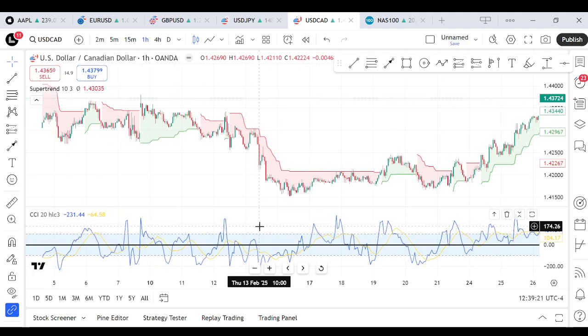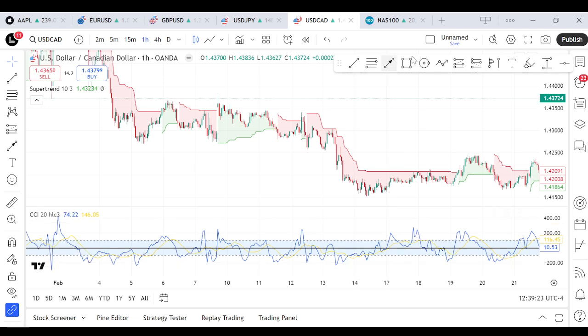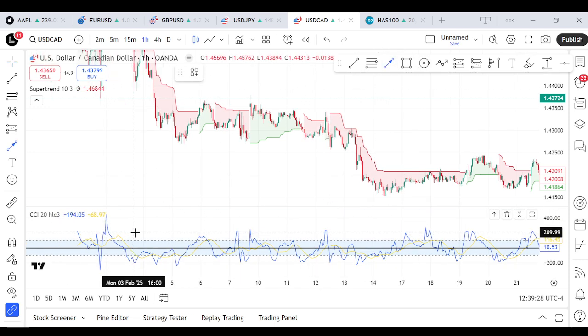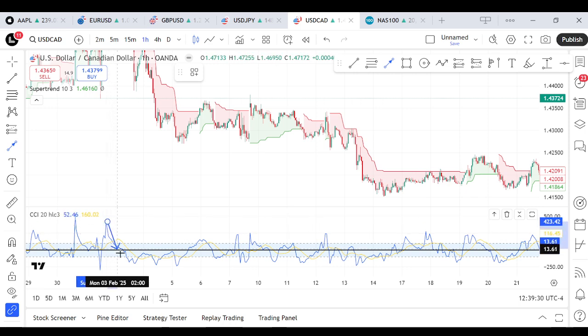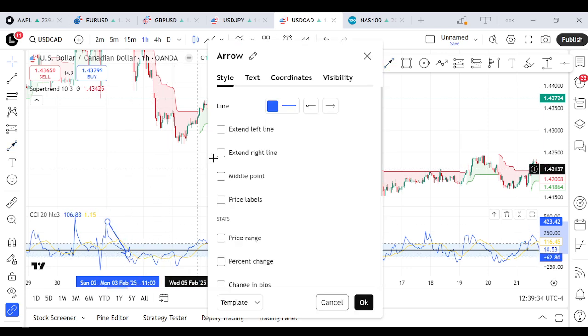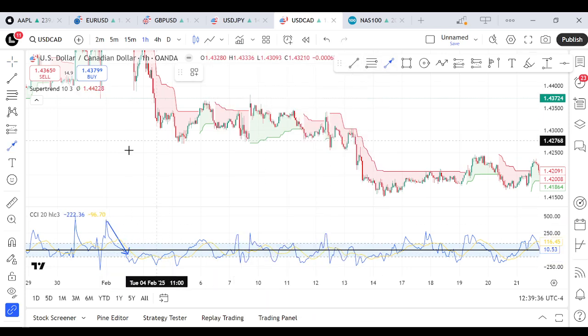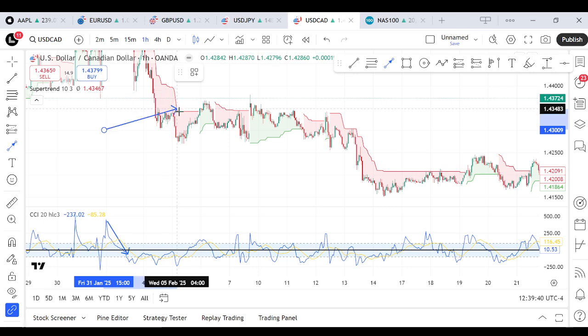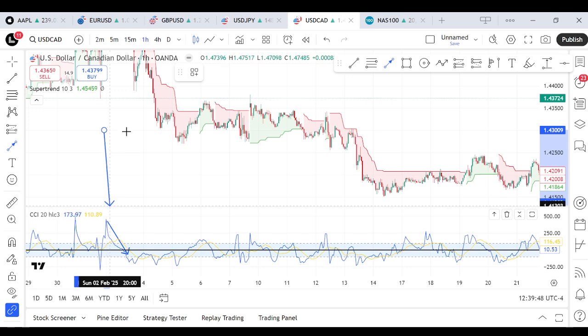You can see clearly here we have the Supertrend crossing from above to below and staying below, and at the same time we have the Supertrend line being above price and also red, and this shows a bearish trend and a downward momentum as shown by the CCI.